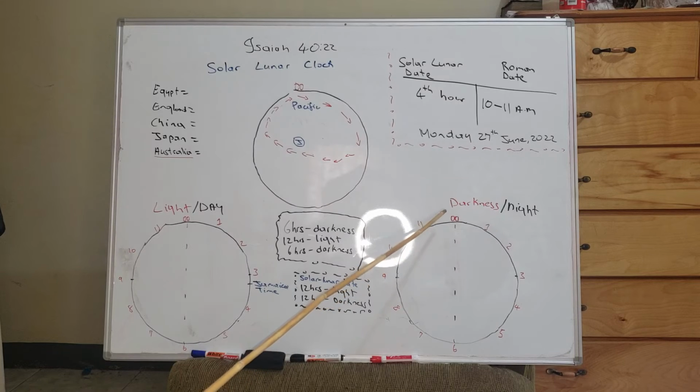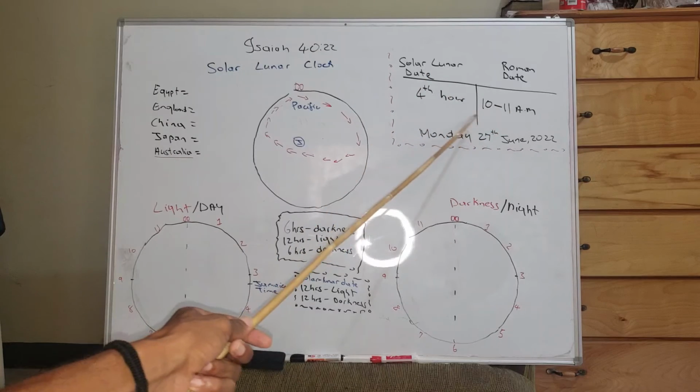The 11th hour here is a total different thing on their timing because in reality they've only experienced about 5 hours of darkness. Just say 5 hours of darkness. So how can it be 11? Right?